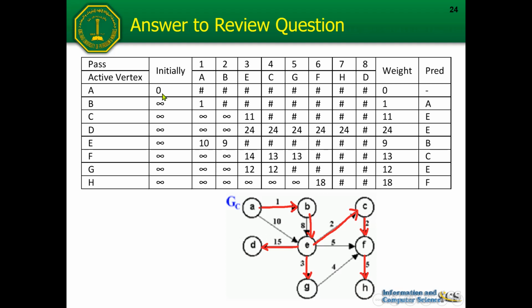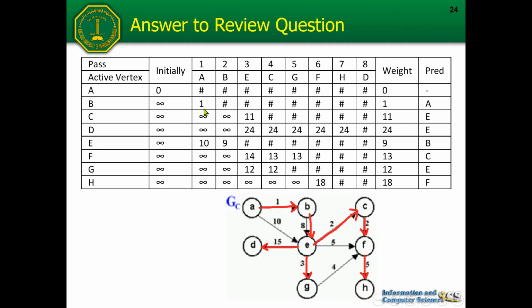Look at this. Initially, we just write down the starting vertex to be 0 and the others to be infinity. Then we find the minimum number in this column, that will be A. That's why the next active vertex will be A. From A, we can go to B and E. To B is 1 and to E is 10.